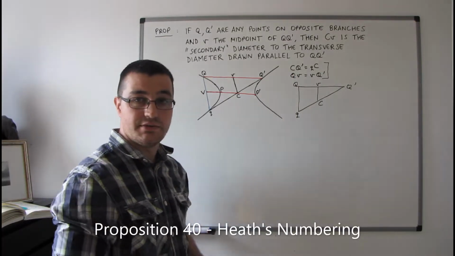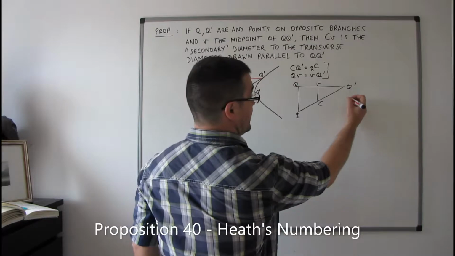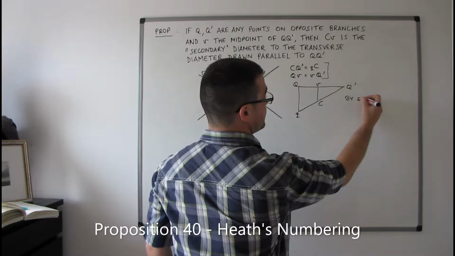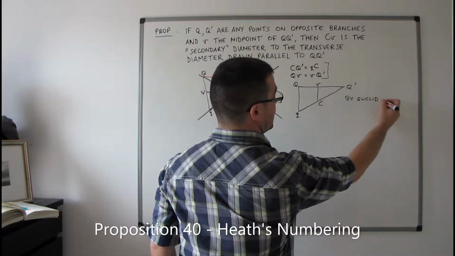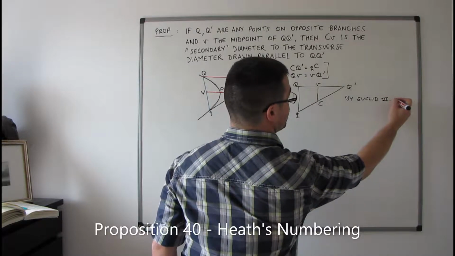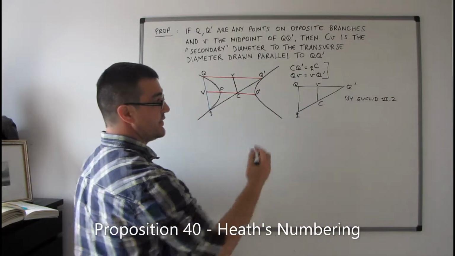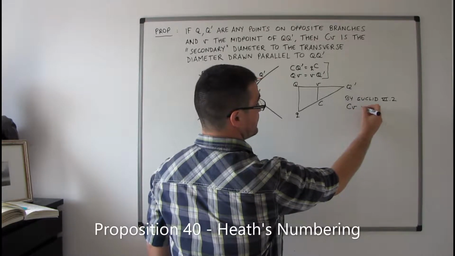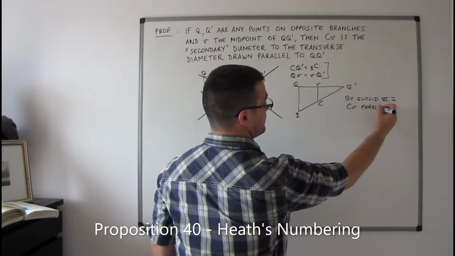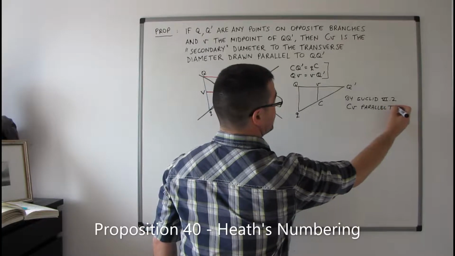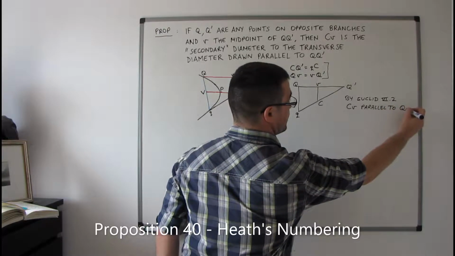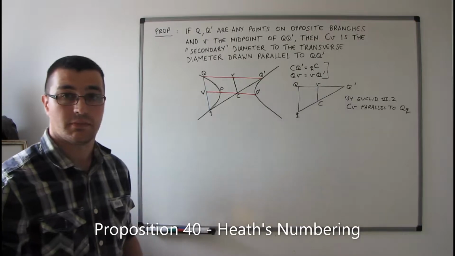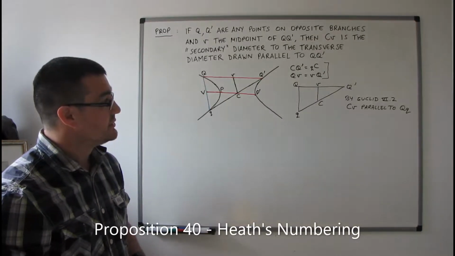So therefore, by Euclid Book 6, Proposition 2, we can say that the line CV is parallel to QQ'.